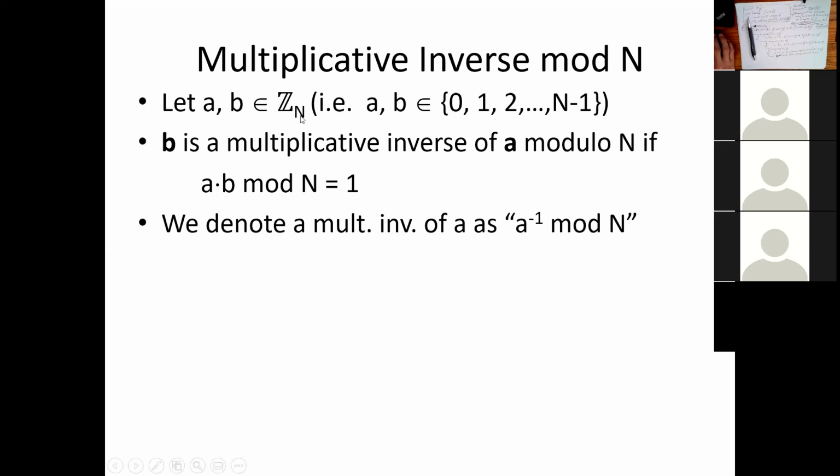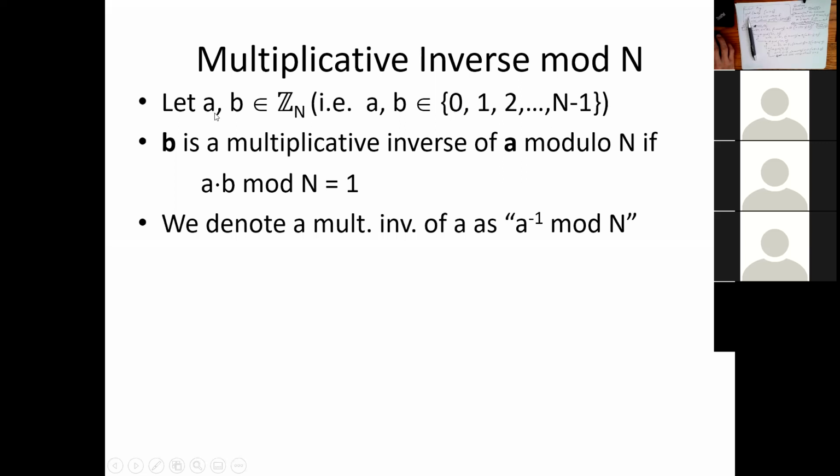Integers reduced modulo n stands for the following set. It's the set of all remainders of integer division mod n, so it is integers from 0 to n-1.